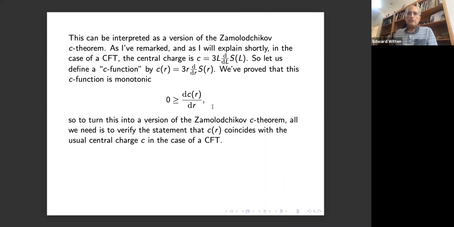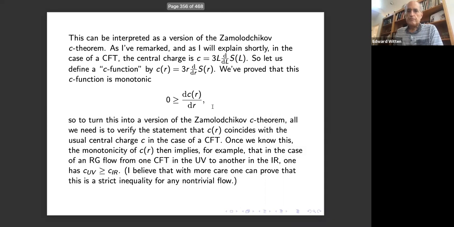So to turn this into a version of the Zamolodchikov C theorem, all we need is to verify that C of R, if you're in a CFT, coincides with the usual central charge C. Once we know this, the monotonicity of C of R implies, for example, that in the case of an RG flow from one CFT in the UV to another in the IR, C cannot increase.